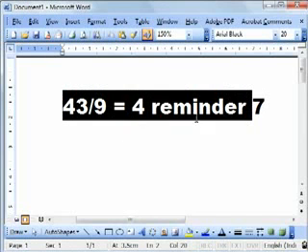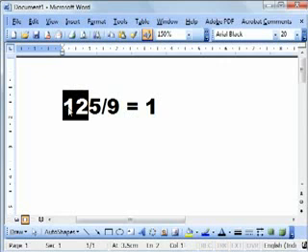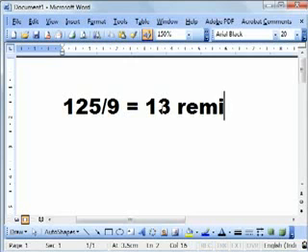Say just take another example, 125 divided by 9. So we put the first number 1, and the second number will be 1 plus 2, that is 3, and the remainder will be the addition of all these numbers, that is 8.